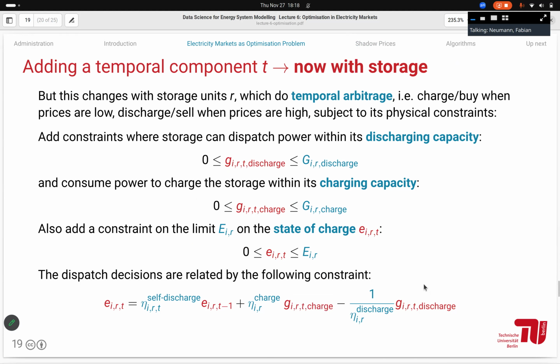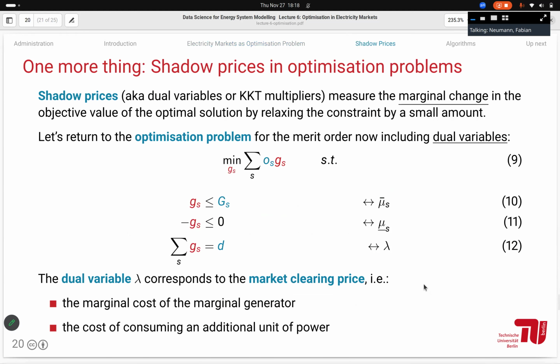So in this way, we get a model that is not separable anymore, because we want to optimize the best decision for the given storage capacities to operate over a longer time horizon.